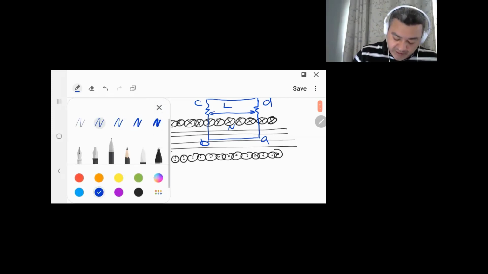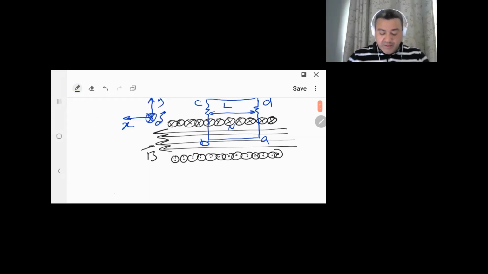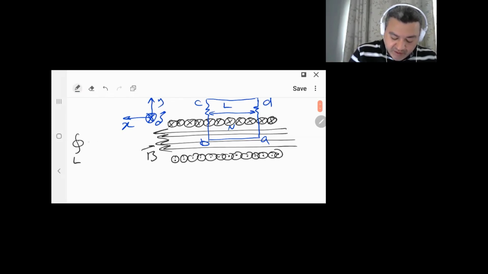Now I can apply Ampere's law to calculate the magnetic field for a solenoid. The first thing is the closed path integration for the magnetic field along this path equals mu naught I enclosed.